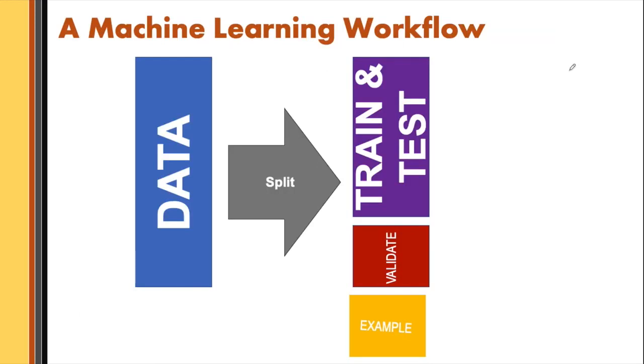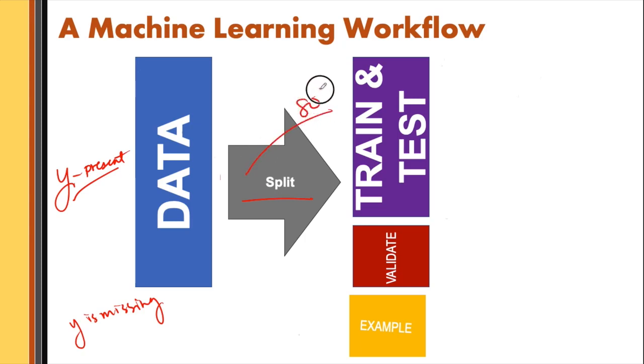Then, just like in predictive analytics, data will be classified based on whether y is present or y is missing. When y is present, those examples will be part of the splitting process, wherein 80% will be used for training and testing and 20% will be used for validation.